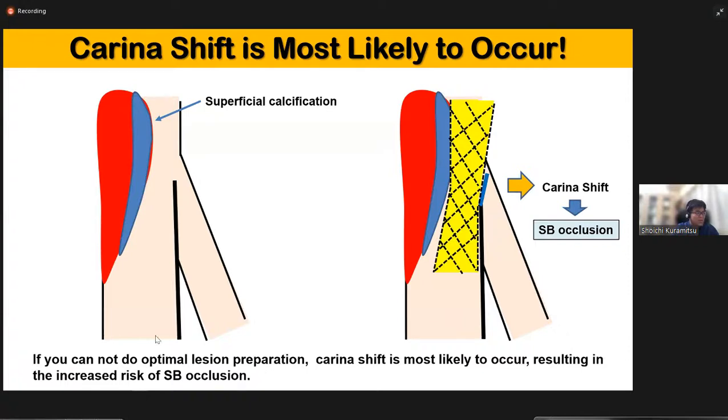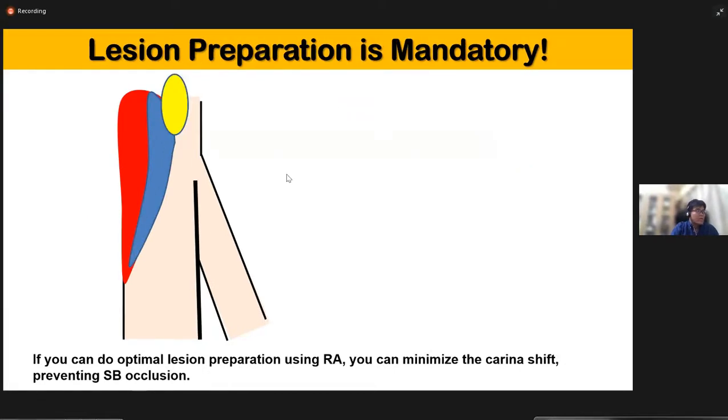If you cannot do optimal lesion preparation, carina shift is most likely to occur, resulting in an increased risk of side branch occlusion, like this schema. That's why lesion preparation is mandatory to reduce the risk of side branch occlusion.